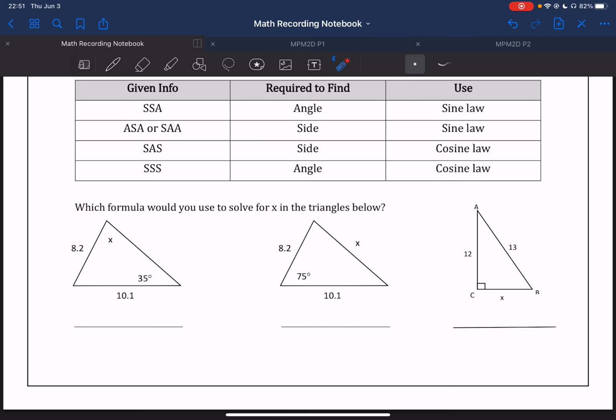If we have that, we can use our sine law. Looking at this next one, we have two sides that are encompassing an angle. Once we see that, we know that that is a cosine law.